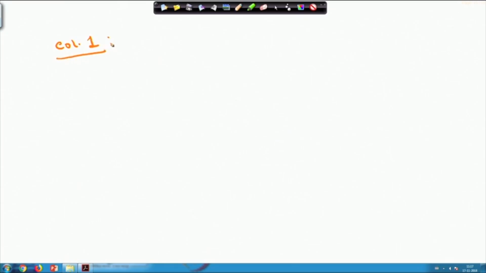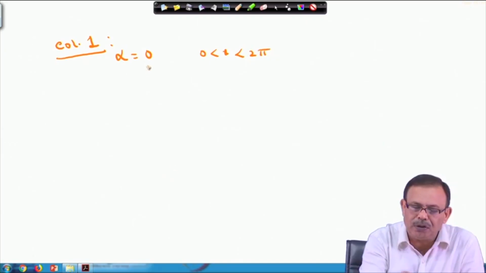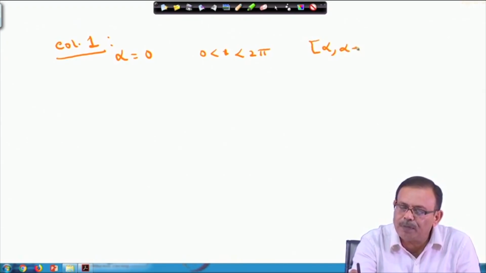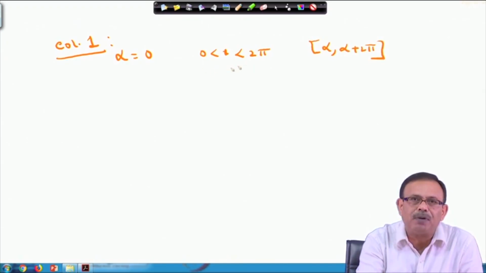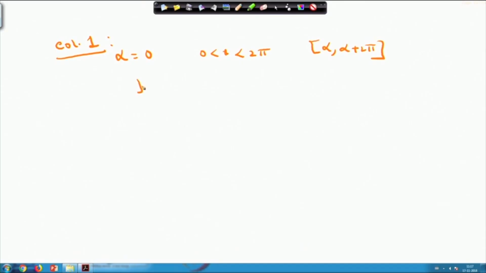The next one, you see some special cases of this. If we take α equals 0, say, initially whatever we assume, that is α to α+2π, so that whenever α is equal to 0, your x varies from 0 to 2π. Since α is equal to 0, your original was α to α+2π. So, in this case a_0 will be (1/π) ∫ from 0 to 2π of f(x) dx. Please note this one, earlier it was α to α+2π.